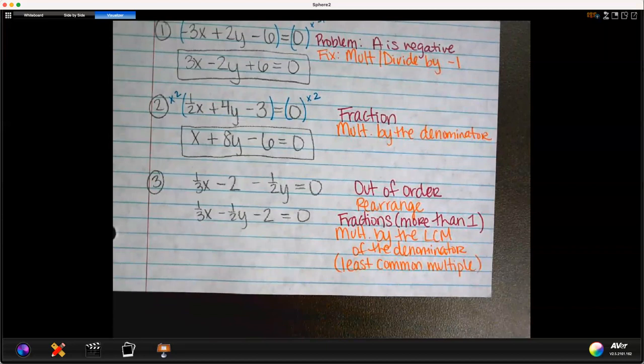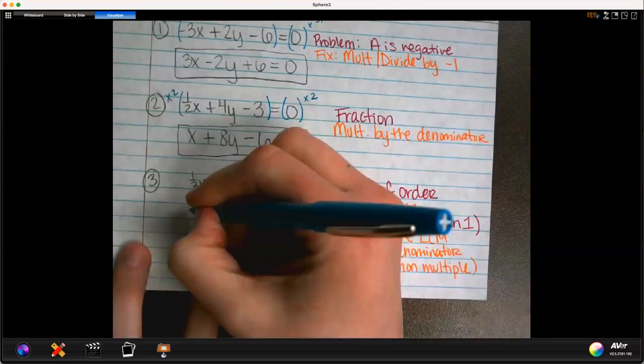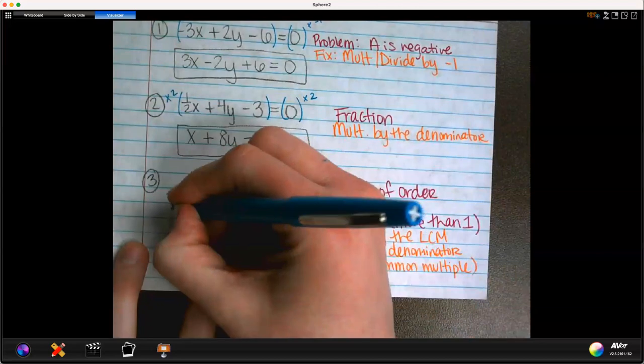Reminding you, least common multiple means the smallest number that both of those numbers can multiply to. 9 out of 10 times, it'll just be whatever the two denominators are multiplied together. So that means my LCM is going to be 6. Multiply both sides by 6.